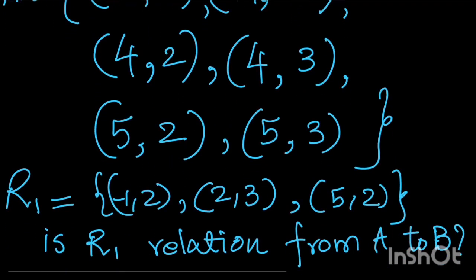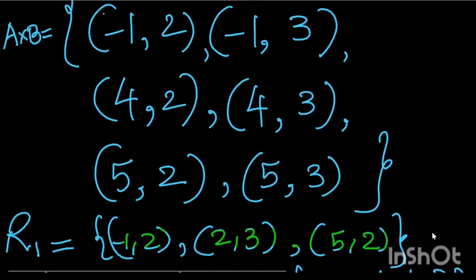Now R1 is defined as {(-1, 2), (2, 3), (5, 2)}. Is R1 a relation from A to B? We need to check that all the elements of R1 belong to the set A cross B. So (-1, 2) is there. (2, 3) doesn't seem to be here. (5, 2) is here.